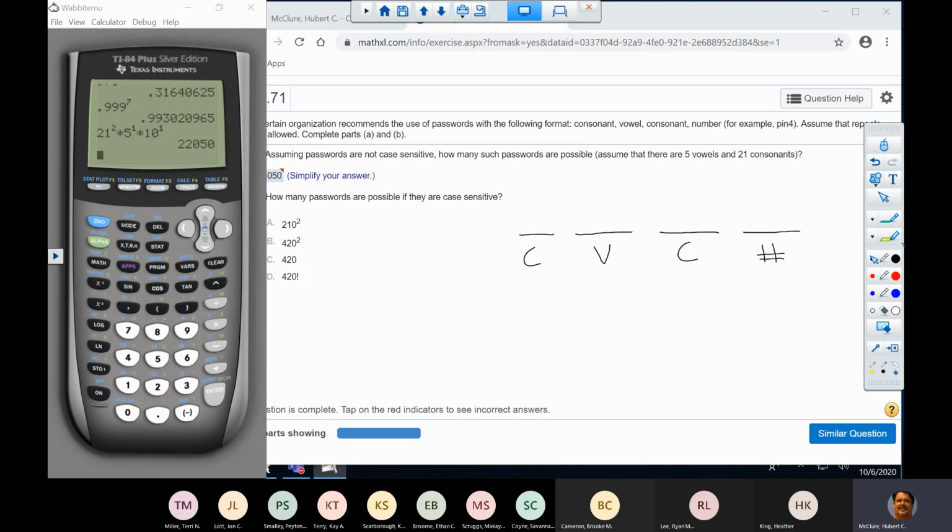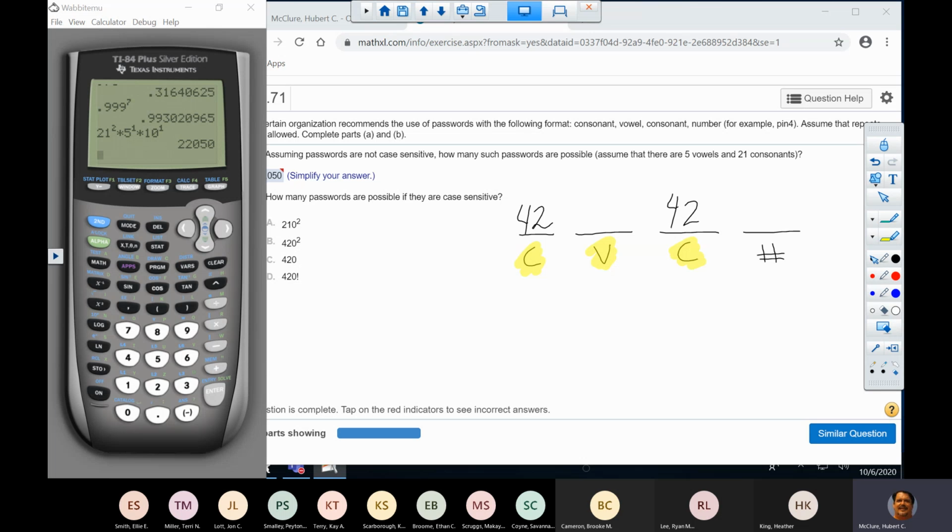So these are going to be affected by the case sensitive. So instead of 21, now how many can we have? 42. Thank you. If your letters are case sensitive, how many A's do you have? 1 or 2? You got little a and what? Big A. So you got to double it.